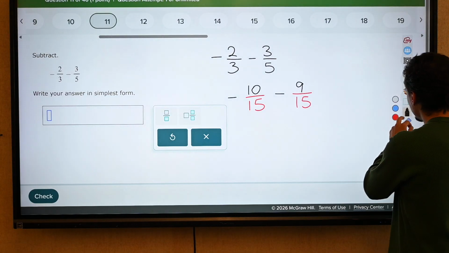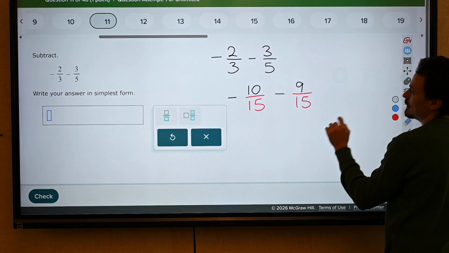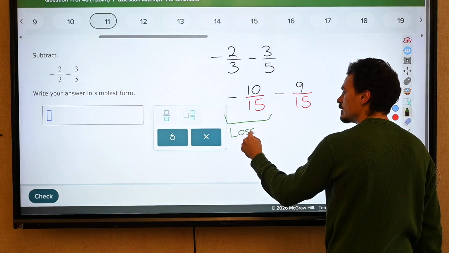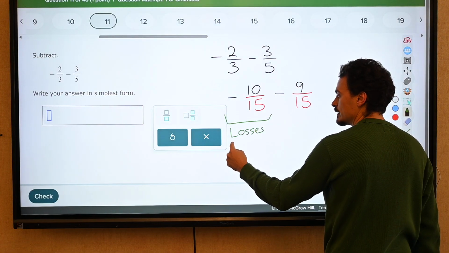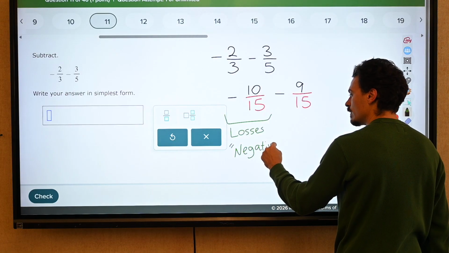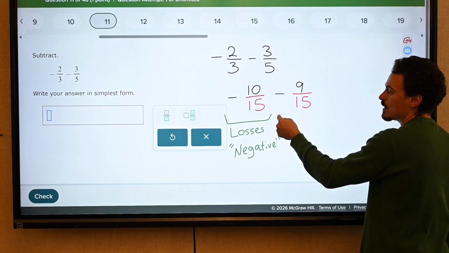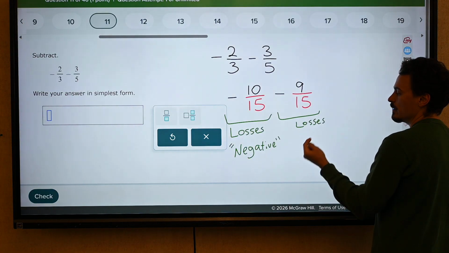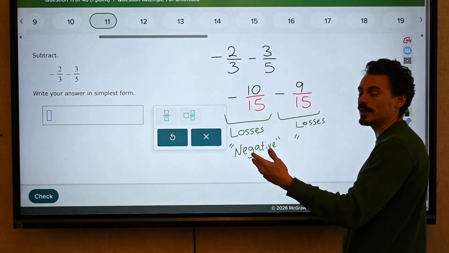And right here, you have to be able to see this as losses, because it's negative. And then when you subtract, that's also losses. Okay, you have to go back to understand what I'm talking about here.